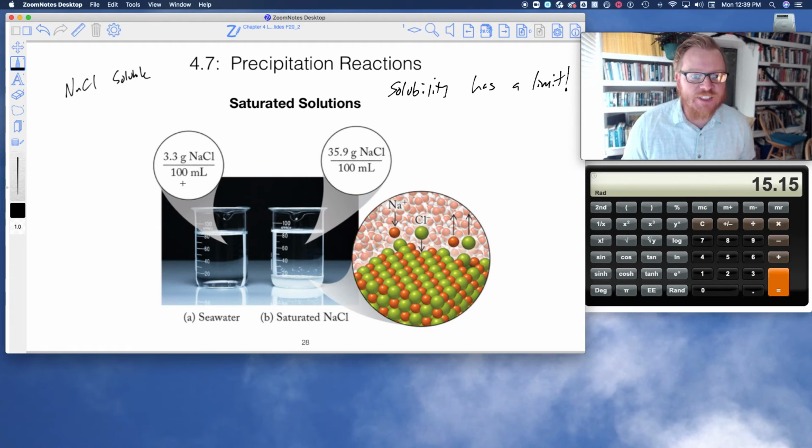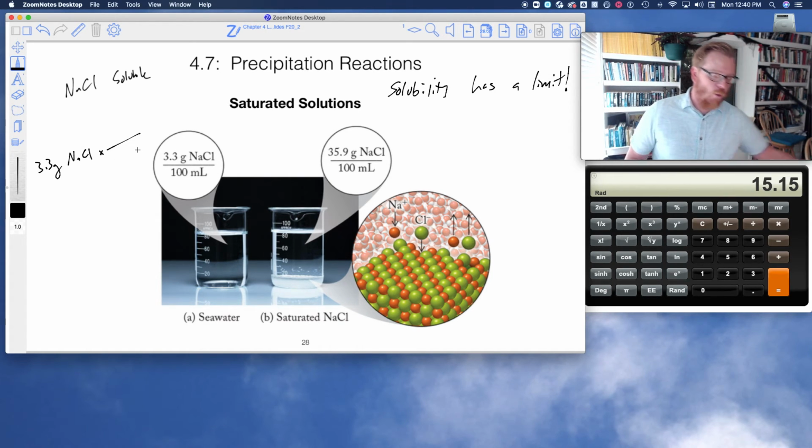So for example, seawater is about 3.3 grams of sodium chloride per 100 milliliters. We could also convert that into a molarity if we wanted to, right? By converting the grams of sodium chloride into moles and the 100 milliliters into liters. Let's just do that really quick. Why not? 3.3 grams of NaCl. So let's see, quick math.